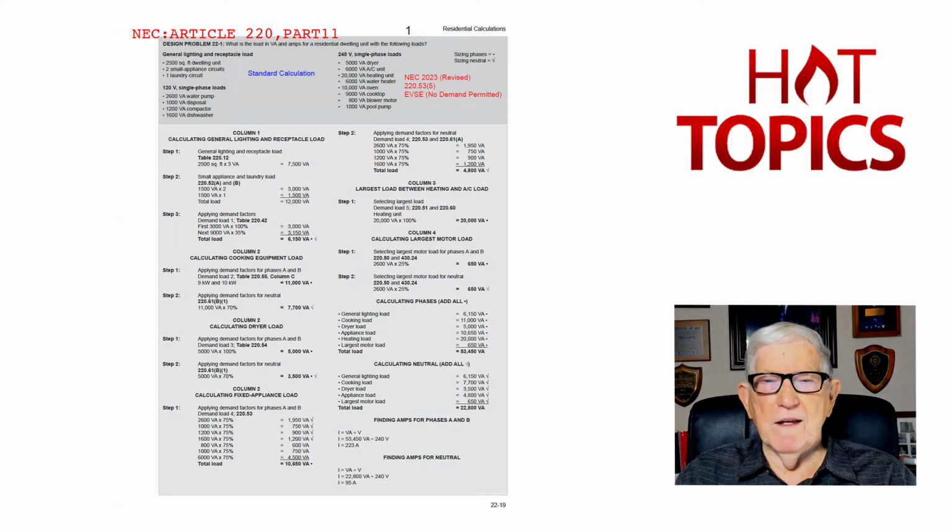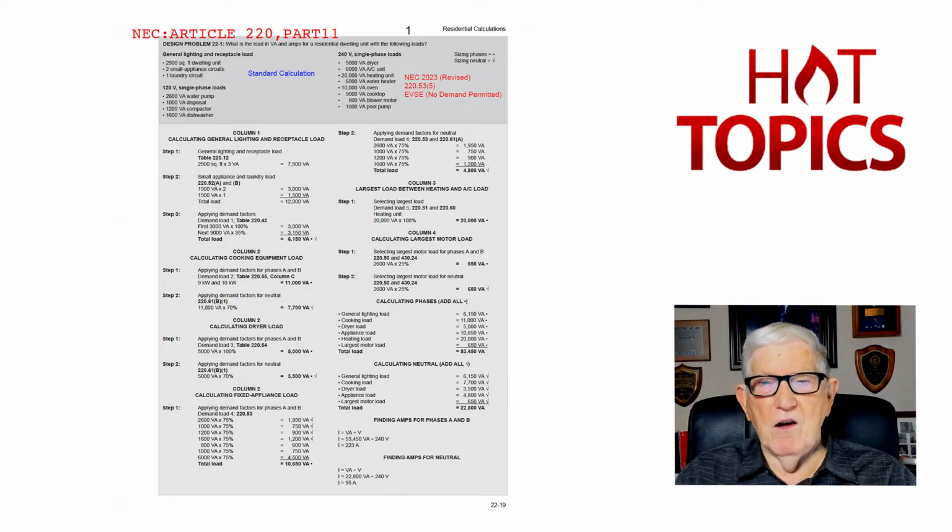So we bring that down and take 25% of that per 220.50 and 430.24. See, 25% of that, 650. And so we would take the largest motor, and then we take 25% of that also, because it's a 120 volt load, we come up with 650.